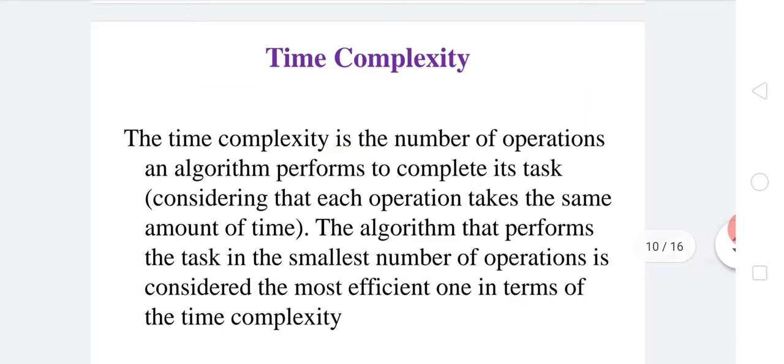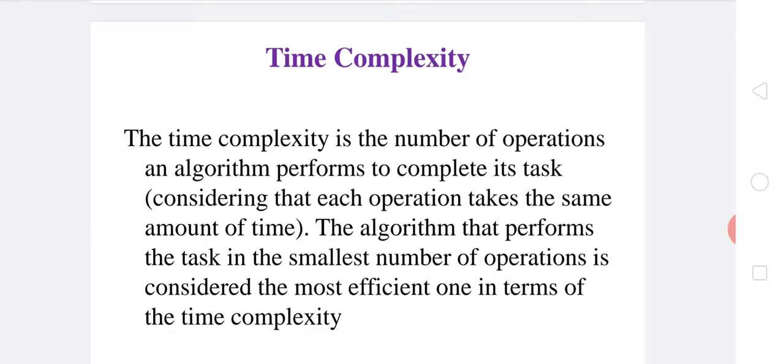Then we will see time complexity. The time complexity is the number of operations an algorithm performs to complete its task, considering that each operation takes the same amount of time.